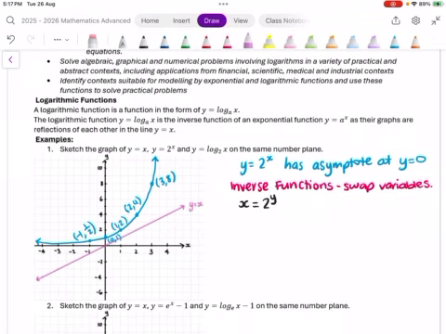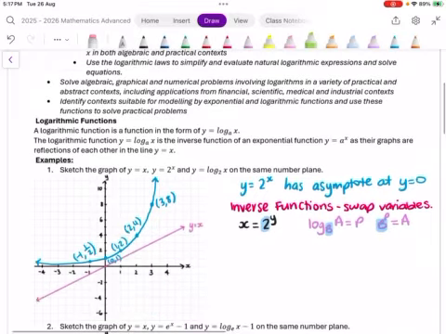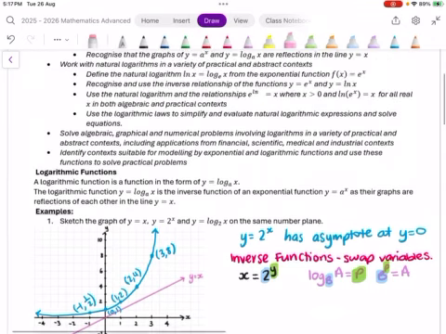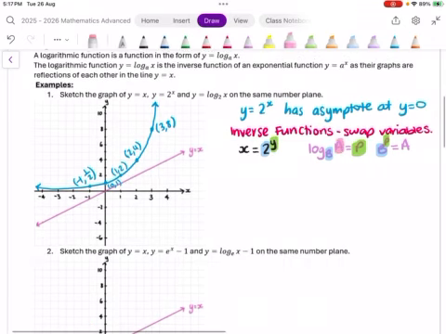What we then want to do is make y the subject by using our fact of log BAP, where we have our base, power equals our answer. So we know that our base is, in this case, 2. Our power is y, and then our answer is x.